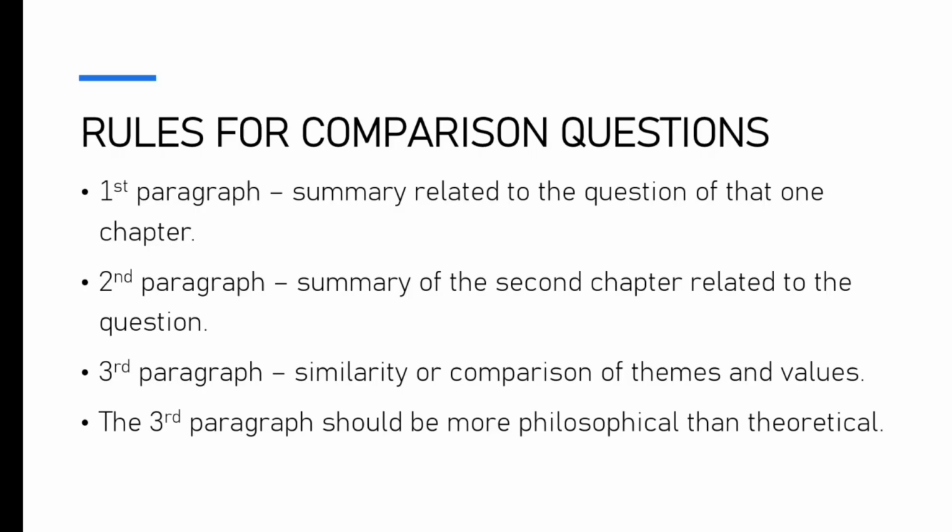So in the first paragraph we write the summary of the first chapter, in the second we write the summary of the second chapter, and in the third we write the conclusion and the combined, contrasting or similar themes or moral values of those chapters. So it's according to what the question is asking. And the third paragraph should of course be philosophical. The third paragraph should not be theoretical, you have to write it philosophically, right? And the first and second are theory.